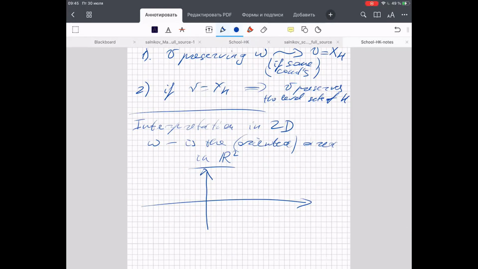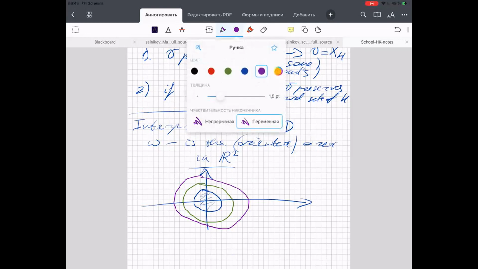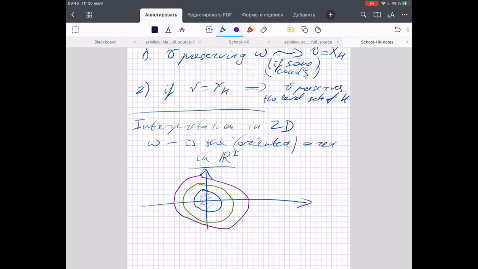Now let's try to convince ourselves. It's not a proof, but it's kind of what qualitatively happens. Let me look at some regions like this. This one, now a bigger one, which includes it, and another one. My dynamics preserves the area of all of them, right?